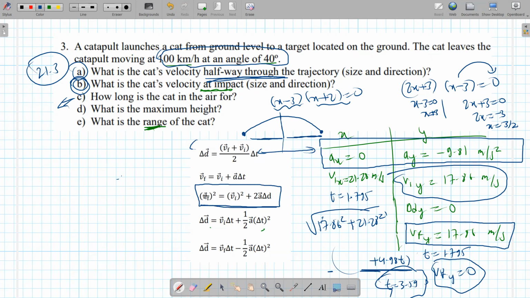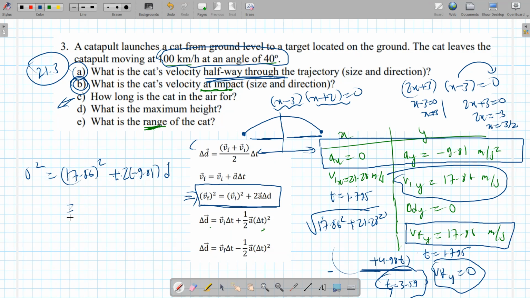So VF squared in the y is 0. VI is 17.86 squared, plus 2 times A, which is minus 9.81, times D. We're using this equation. Okay, so how do you solve this for D?